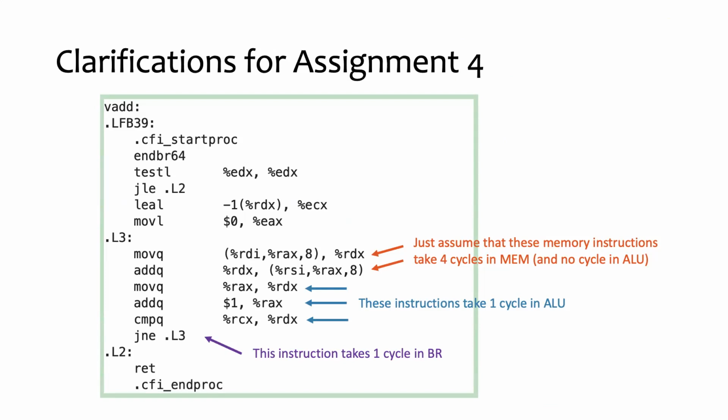So technically, the second instruction will take a memory access, then ALU, then another memory access. But for simplicity, we assume that if an instruction uses memory at all, it takes 4 cycles. Don't worry about the more complex pipeline stages. Everything else will take 1 cycle.